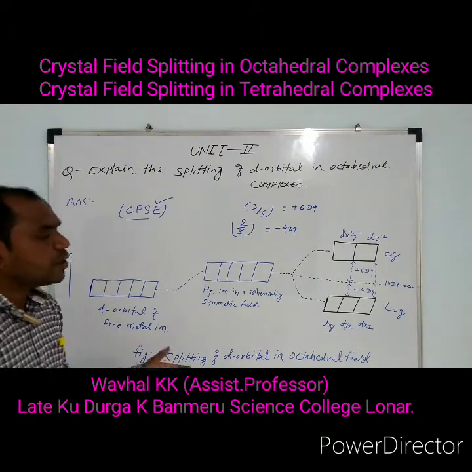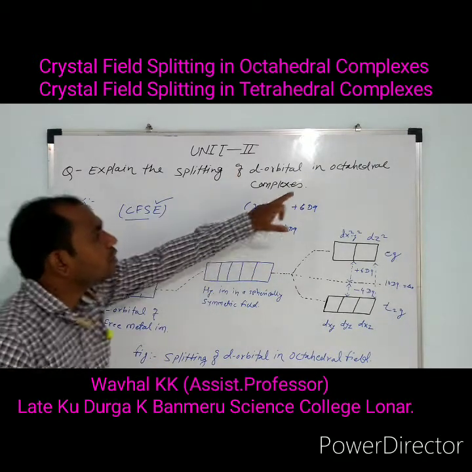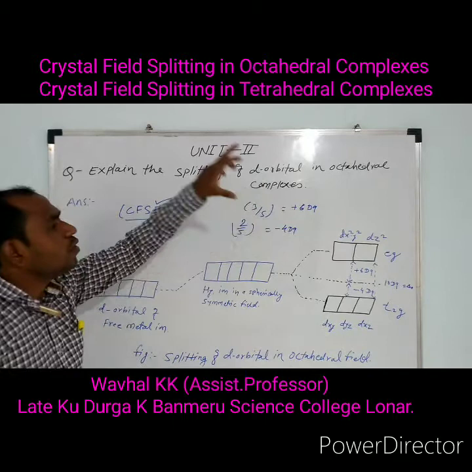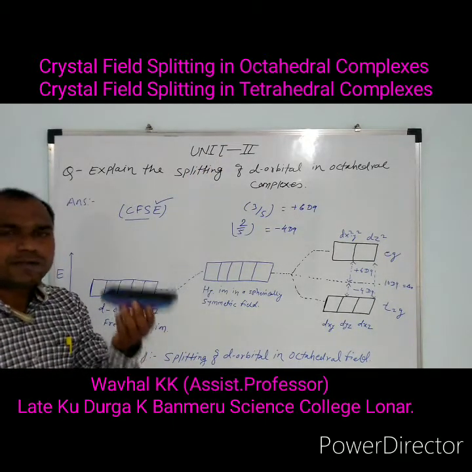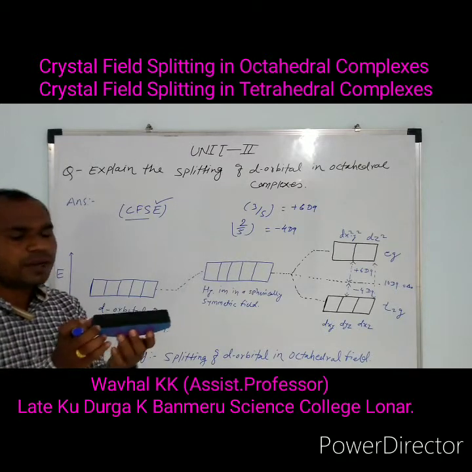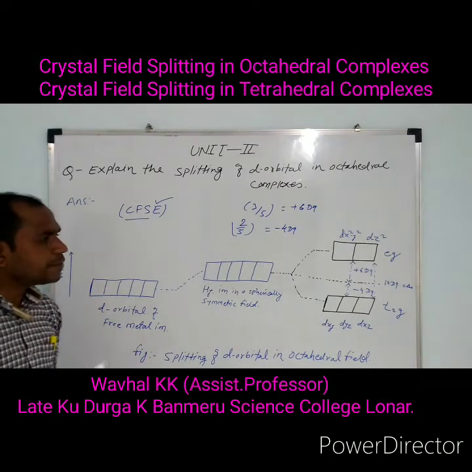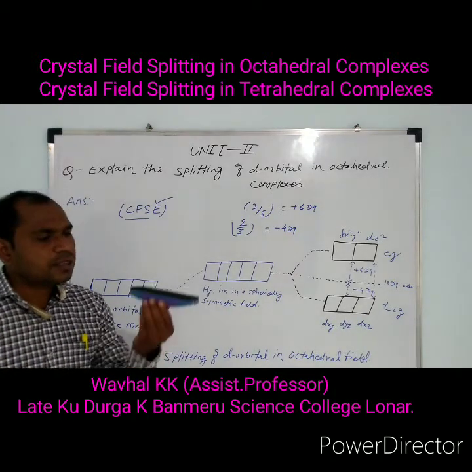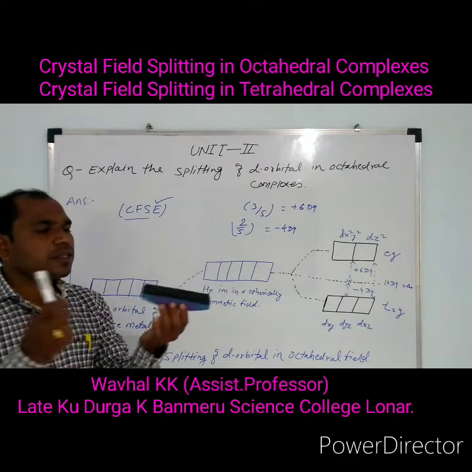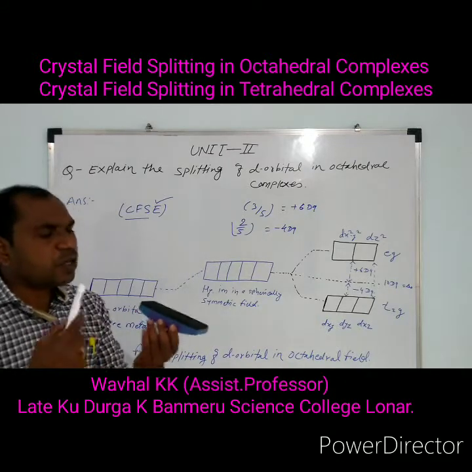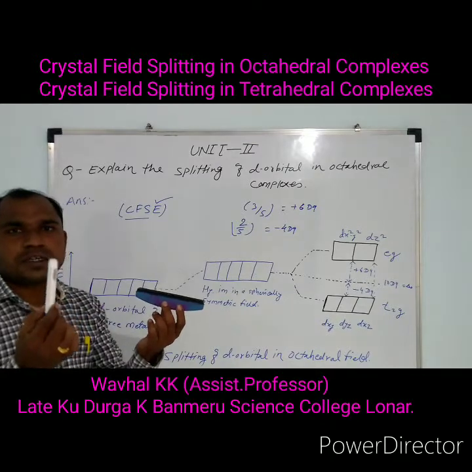In this way, the splitting of d orbitals takes place in octahedral complexes. When the central metal atom is placed in an octahedral field environment, the number of ligands is 6, and these 6 ligands have negative charge, as do the d orbital electrons of the central metal atom, so they repel each other, but there is electrostatic attraction between the nucleus of the central metal atom and the ligand electrons.